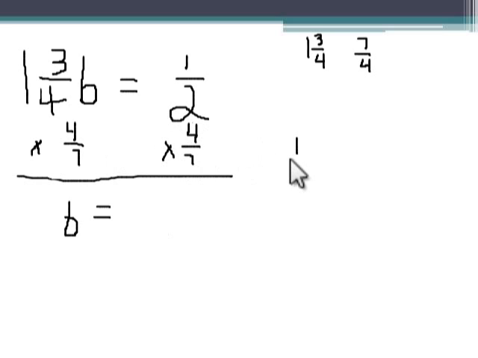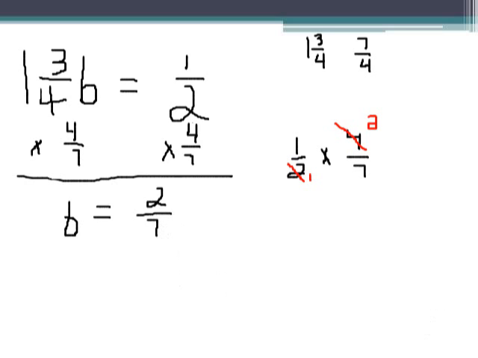Again, most people like to see it horizontally, so I'm going to write it that way. 1/2 times 4/7. And I think that you can see that we can cancel. So we're going to cancel by dividing by 2. We get 1 and 2. Nothing left to cancel. So our answer is 2/7. 2 times 1, 1 times 7, 2/7.